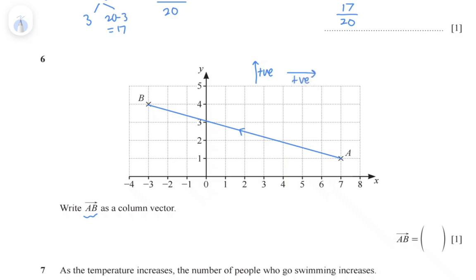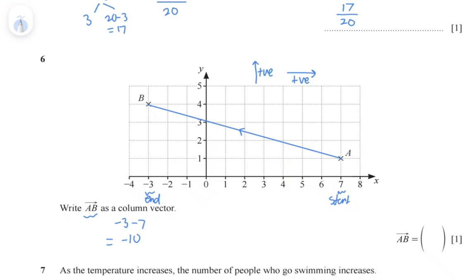So going from A to B, let's first look at the x-axis. We know that it starts at 7 and ends at minus 3. So if we want to do a calculation, we can do it as the end minus the start to find the difference. So that's minus 3 minus 7, which is equal to minus 10.